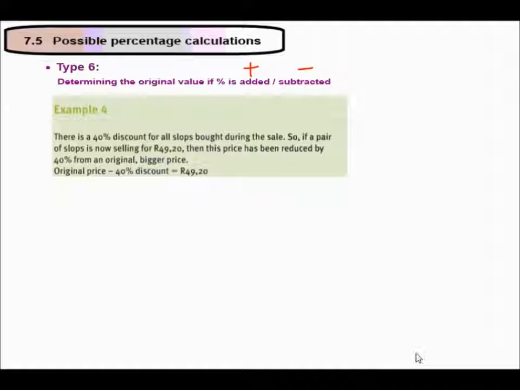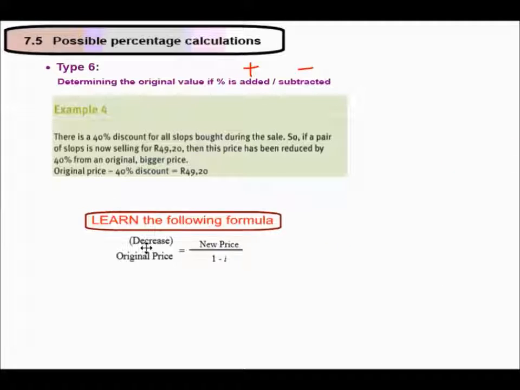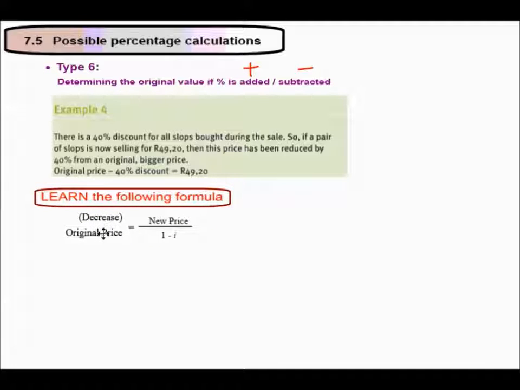So what we're going to do, we are going to learn this formula. So if there has been a decrease, subtracted, minus, you're going to have your new price over 1 minus the interest rate.